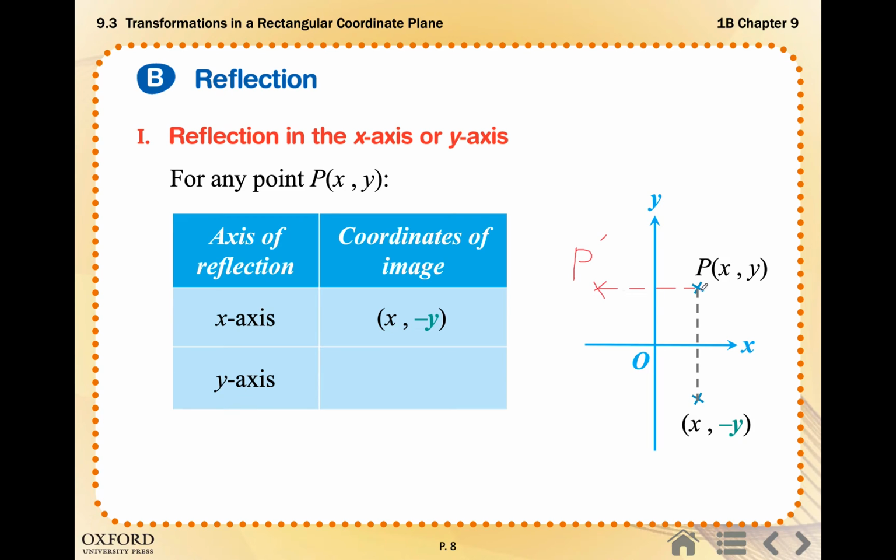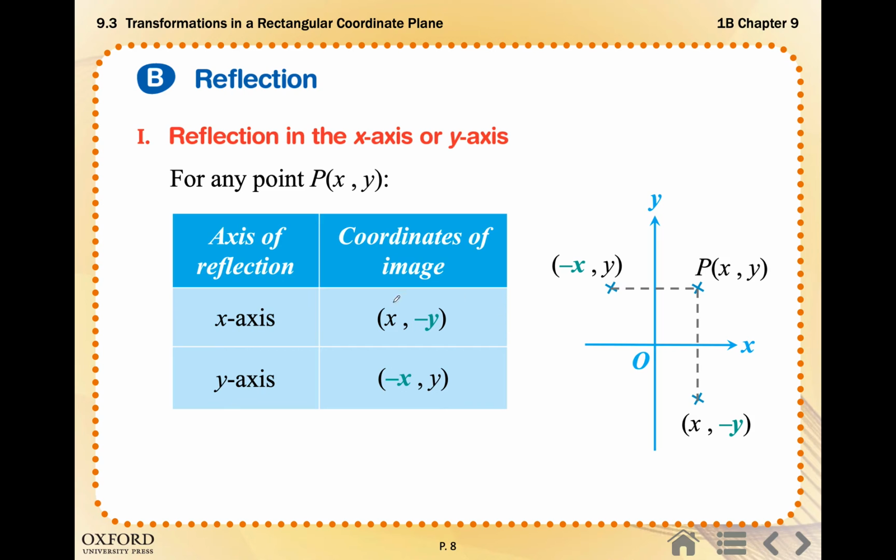And then you can see that the point P and the image of P form a horizontal line. In this case, their y-coordinates should be the same. And that's why the coordinates are negative x, y. So you have to remember such changes in the image after the reflection.